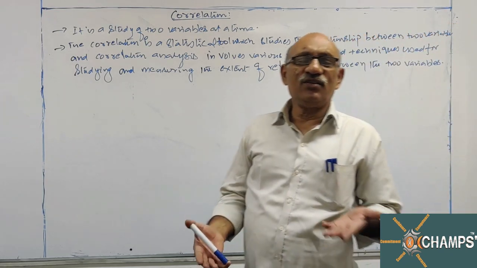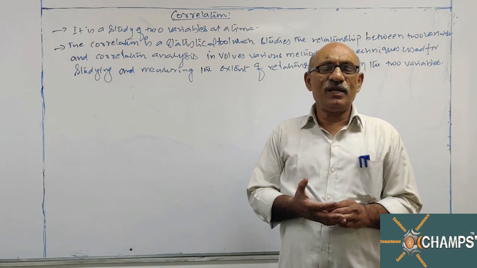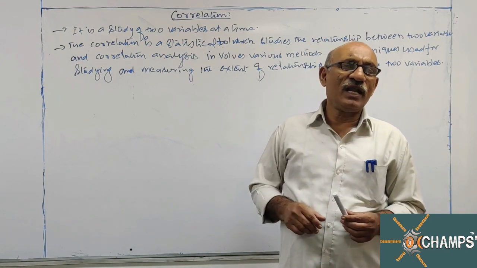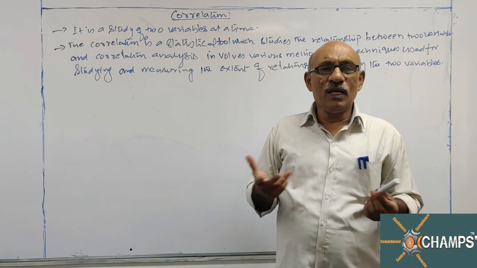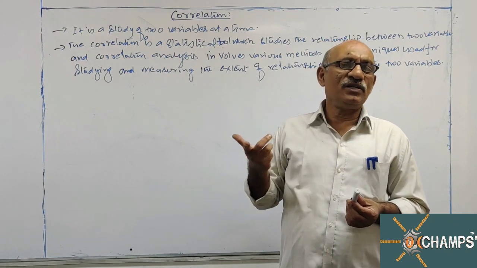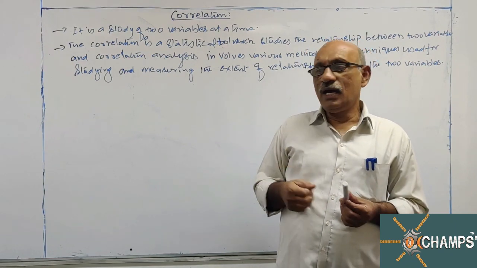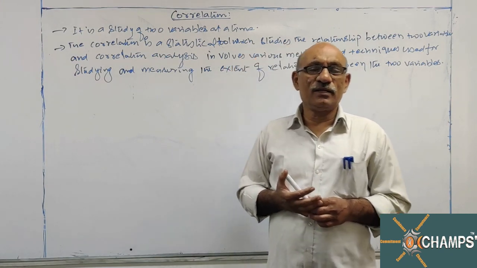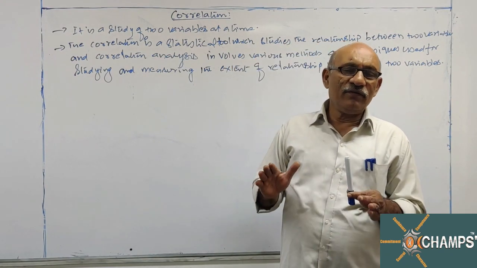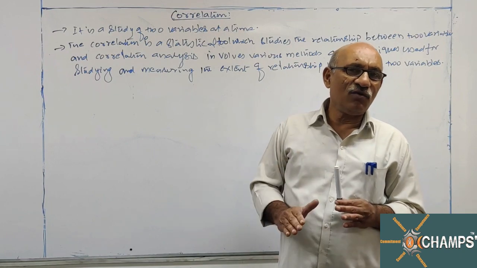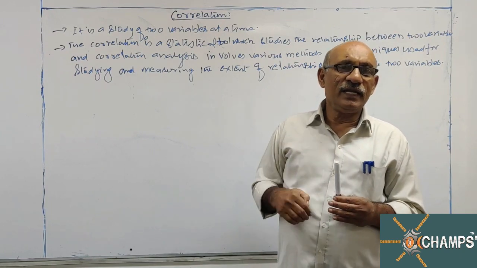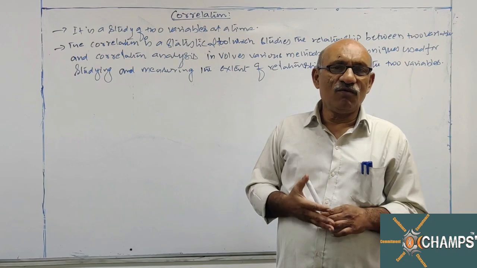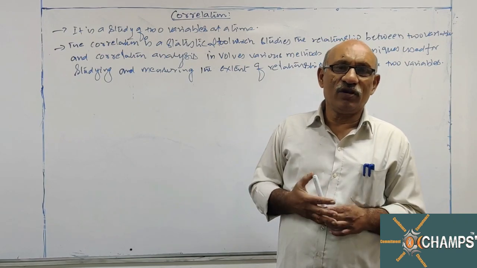Here, correlation is a statistical tool which studies the relationship between two variables. It means whenever there is a change in the value of one variable, what will be the change in the value of other variable? In some cases, both the variables are moving in the same direction, and in some cases, the variables are moving in opposite direction. So whenever there is a change in the value of one variable, its effect on the value of other variable is the study of correlation.